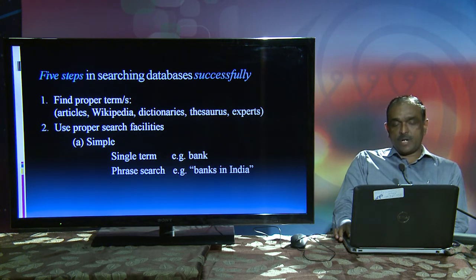Depending upon your requirement, you should be able to use either the simple or advanced search facility. In using the simple search facility, you can input a single word or a group of words or a phrase. If you are going to use the phrase search facility, you must include the phrase in inverted commas.